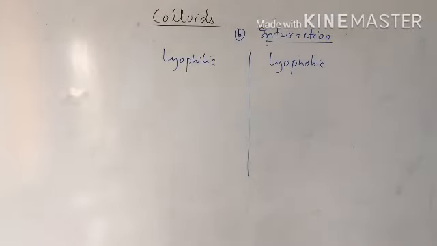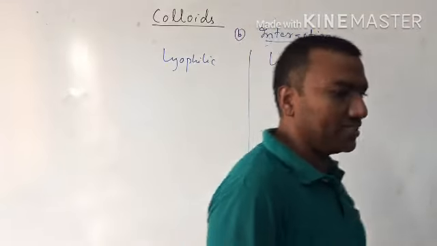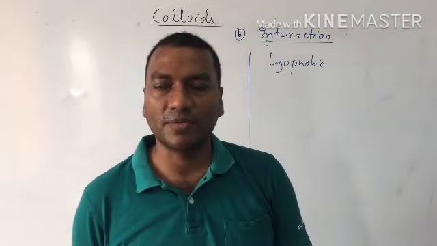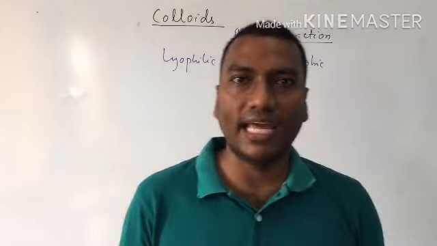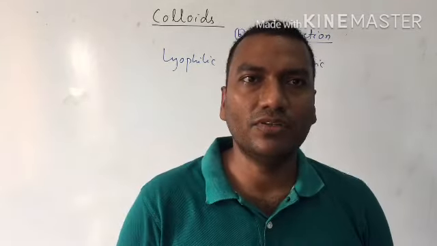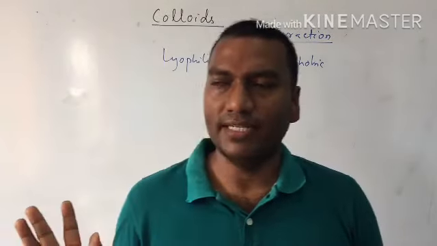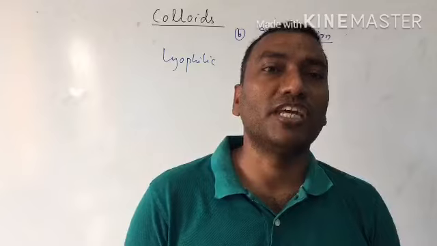Lyophilic does not require any stabilizing agent, but lyophobic needs a stabilizing agent. Suppose you take water and egg albumin, after shaking it cannot settle down, so it is quite stable. That's why it does not require any stabilizing agent.